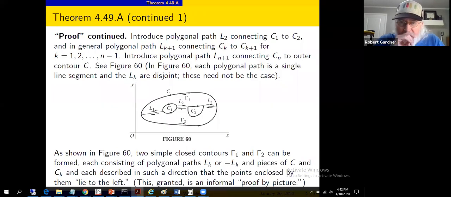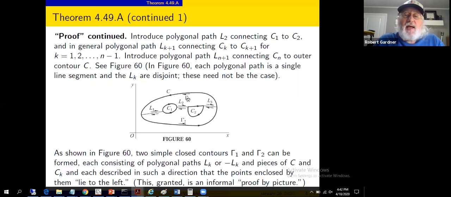Let's look at this one more time. When you integrate around gamma 1, you get a piece of C. Then you get L1, a piece of C1, L2, a piece of C2, L3. When you integrate around gamma sub 2, you get the rest of C. Then negative L3 in the picture, the rest of C sub 2, negative L2, the rest of C sub 1, negative L1.